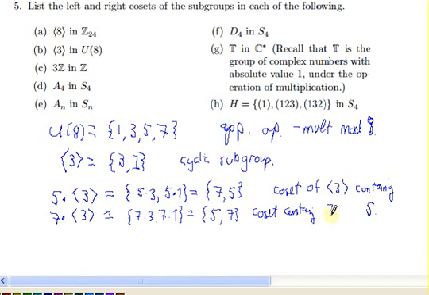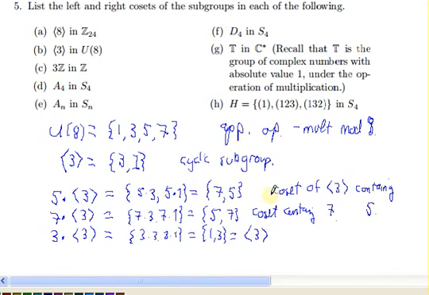Now I could do the same thing with 3. If I took 3 times angle brackets 3, you get 3 times 3 and 3 times 1, and that's going to give me 1, 3. And that's the same thing, of course, as angle brackets 3.